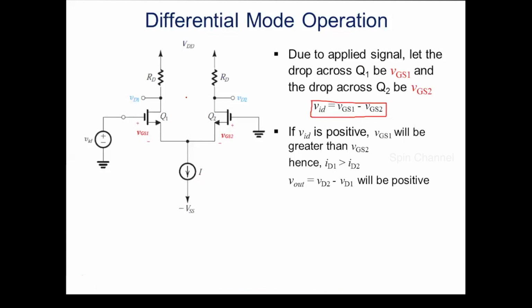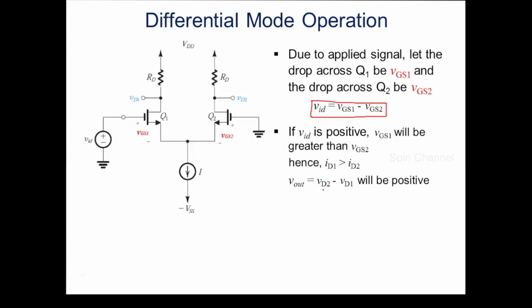In that case, if Q1 has got more drain current, then the drop at this point will be less. So VD1 will be less when compared to VD2. Okay. So if VD1 is less when compared to VD2, then the differential output voltage Vout will be positive because VD1 is less when compared to VD2. I hope you would have understood this.